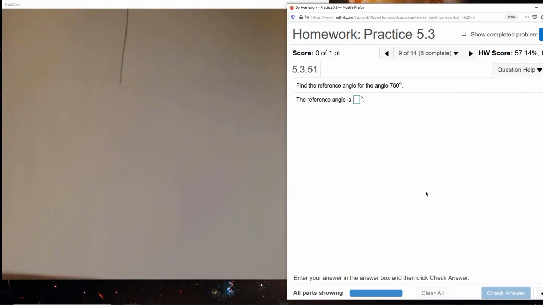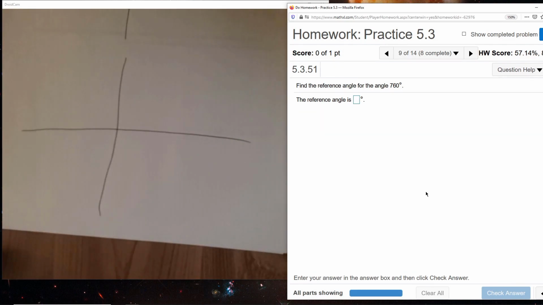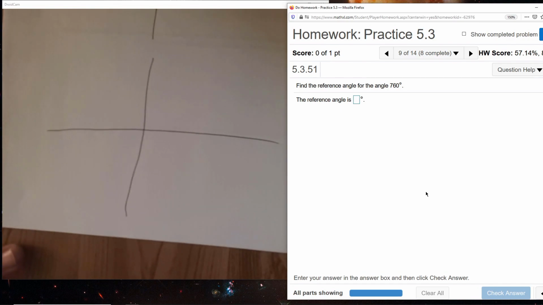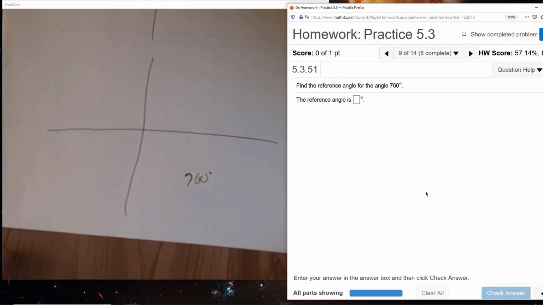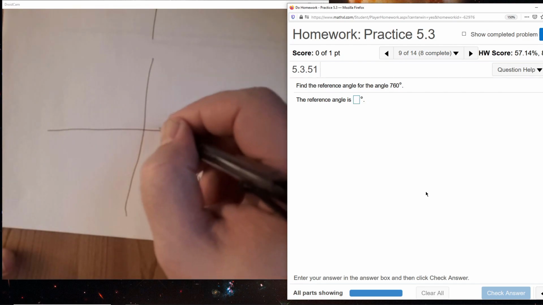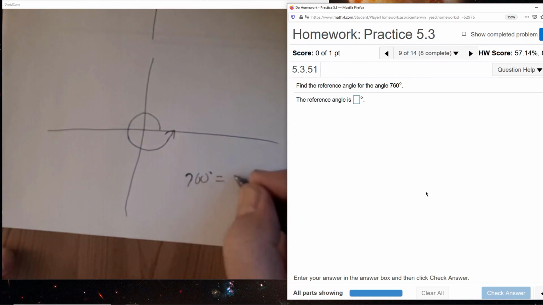Another reference angle, 760. Oh, here's what I was hoping for: something that's got some revolutions in it. So one revolution is 360.